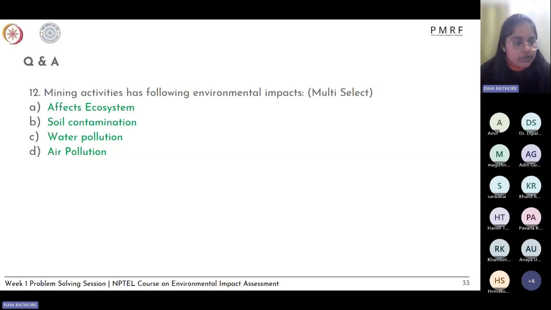It also causes water pollution because of the minerals going down and affecting water bodies and the groundwater level. Also, air pollution because of the particulate matter, finer dust particles which are released around these mining activities. So all four options are correct. Mining activities cause all of these impacts.